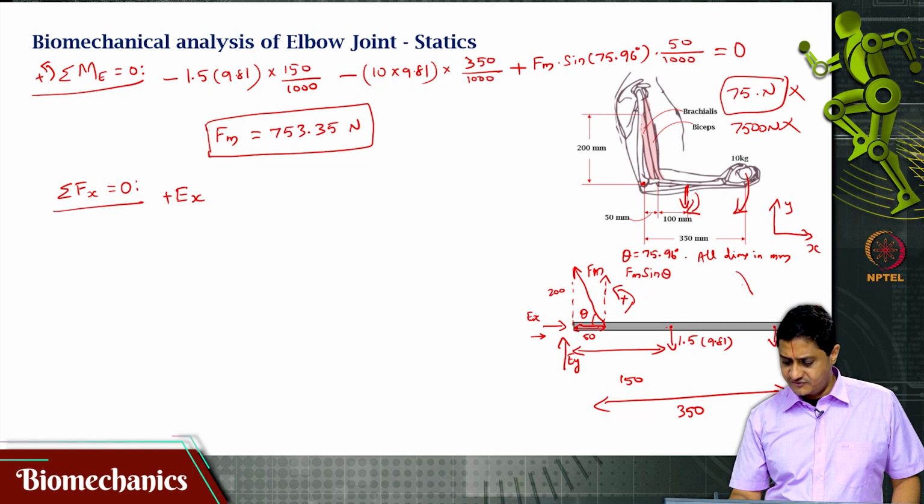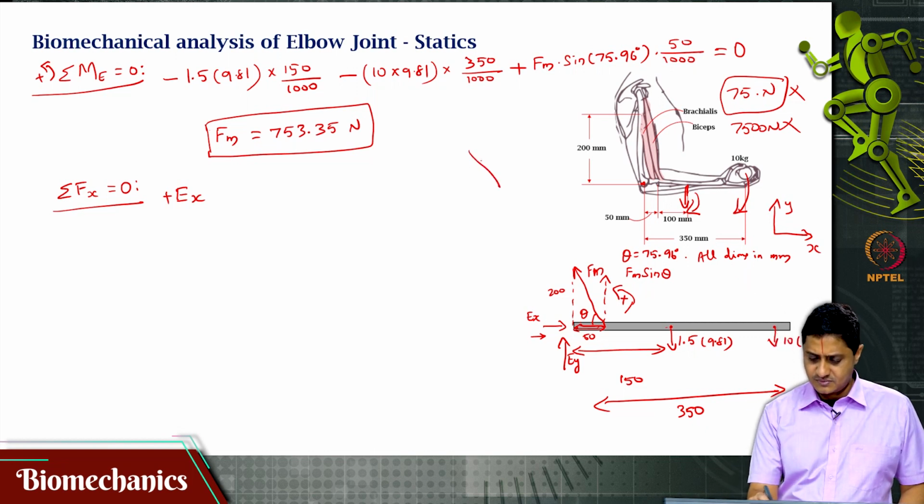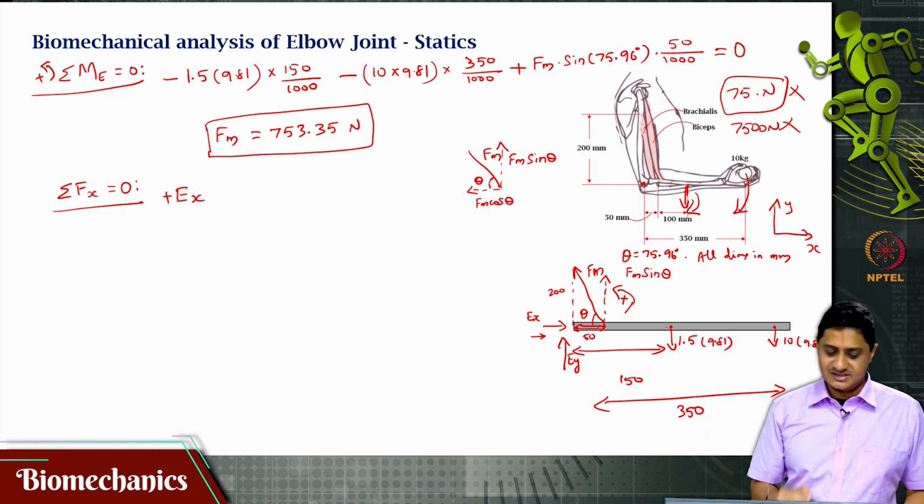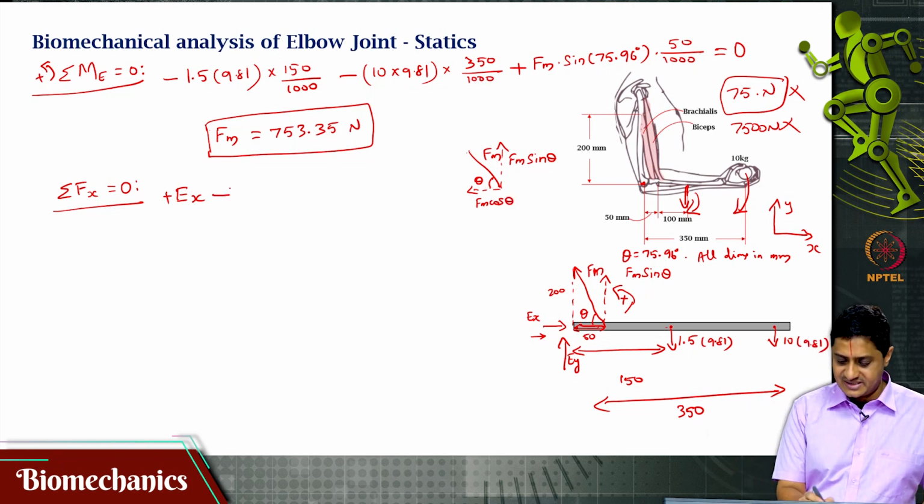For this muscle force, I can resolve this muscle force as a force Fm sin theta in the positive y direction and a force Fm cos theta in the negative x direction. So, that would be minus Fm cos theta equal to 0.